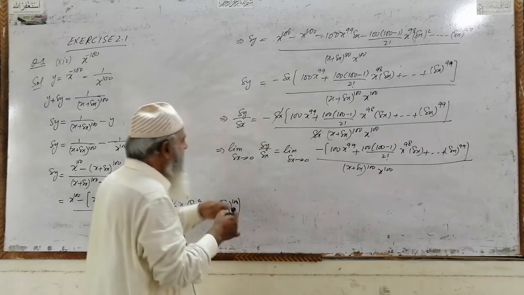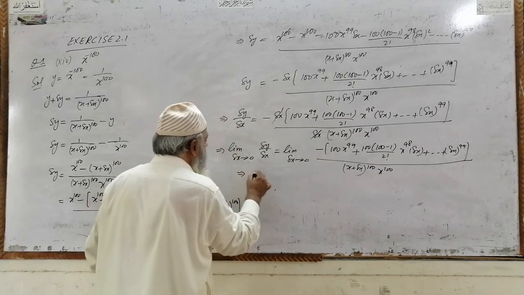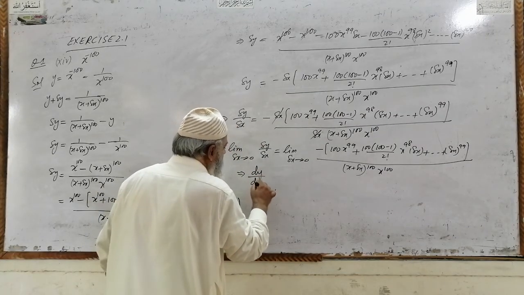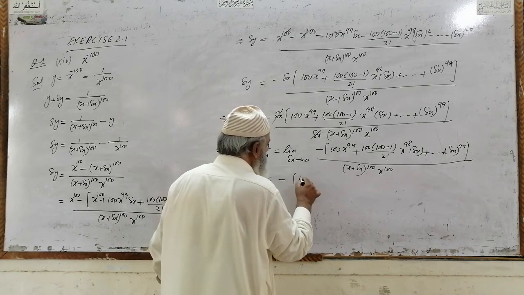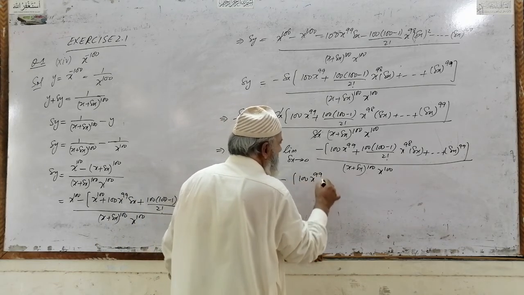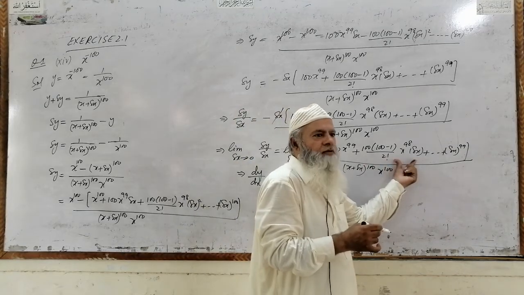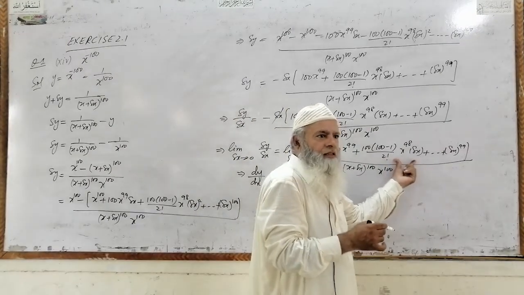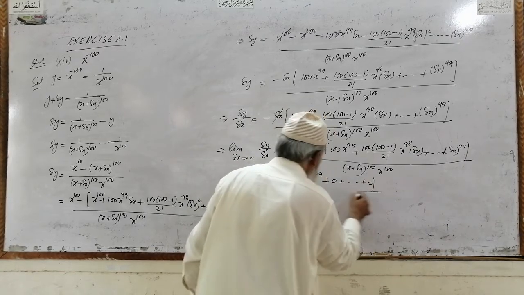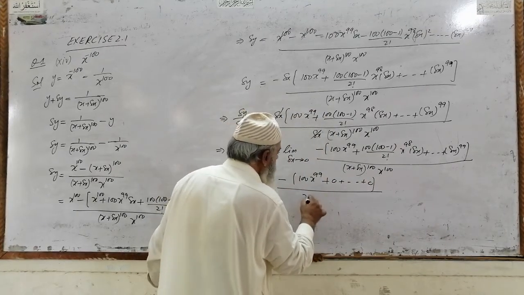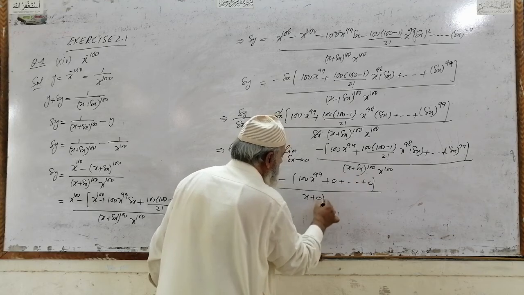Okay, left hand side, as you know, will become dy by dx, and applying the limit, 100 x raised to power 99. Obviously each term of the numerator has delta x, that's why when we put 0, all these terms will become 0. On the denominator, obviously here we have to put delta x equal to 0.